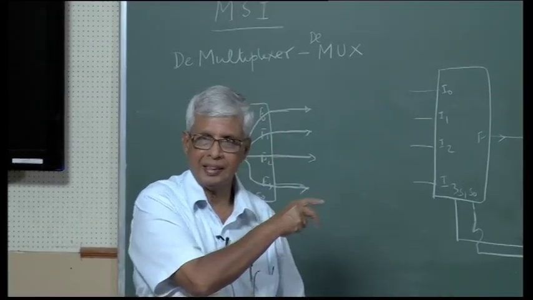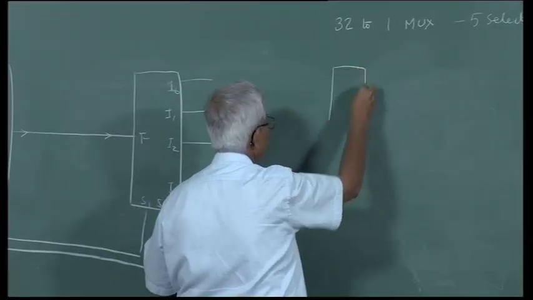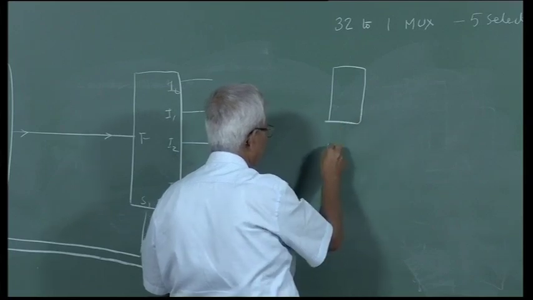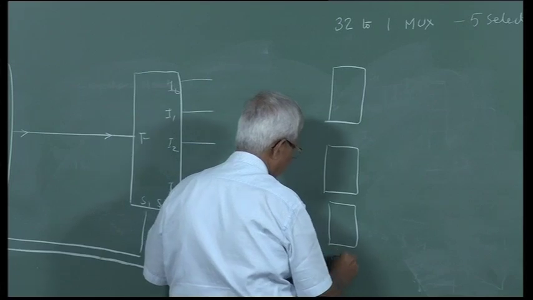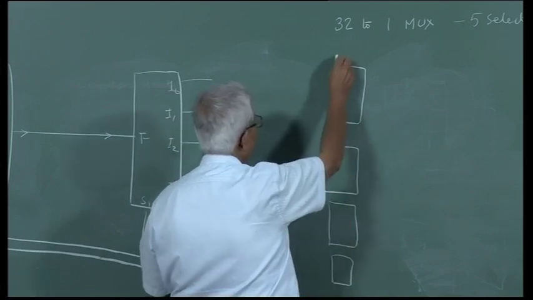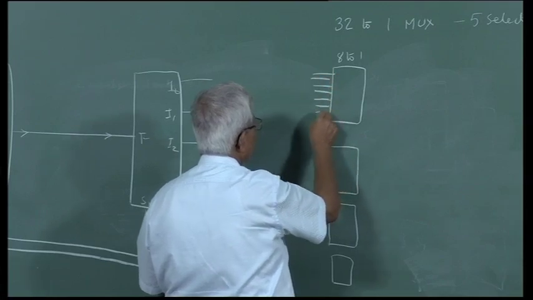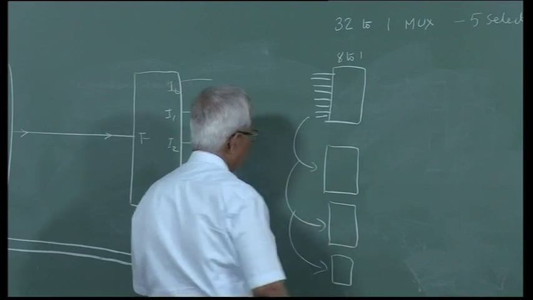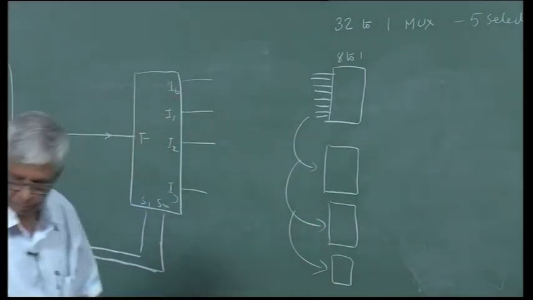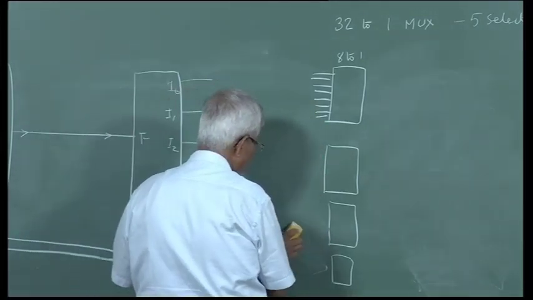In simple ICs, SSI, MSI, what we do is, we can have 4 8 to 1 mux.